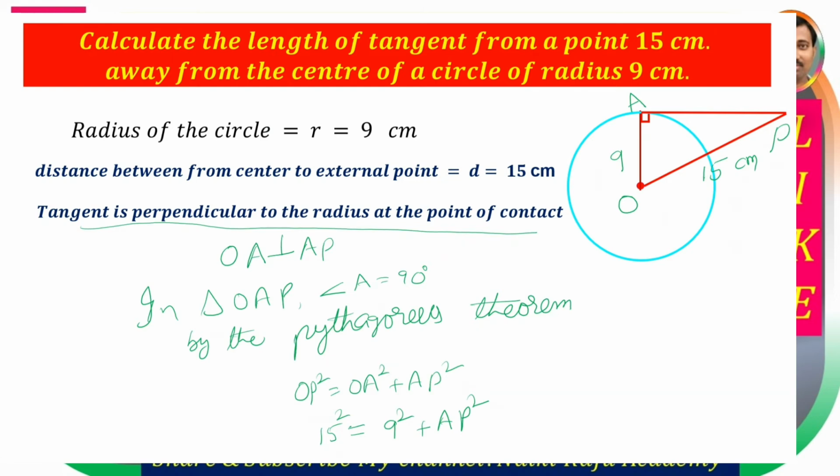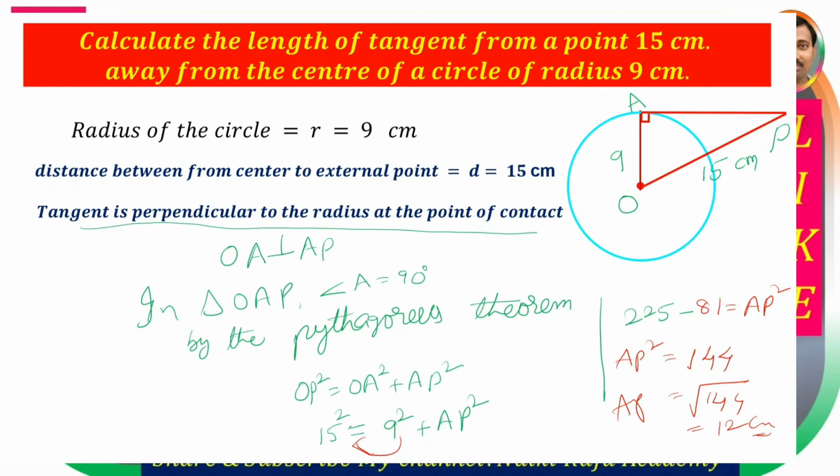So 15 square equals 225, minus 9 square equals 81, transposed to the left side, that is equal to AP square. So AP square equals 225 minus 81, that is 144. AP is equal to root of 144, that is 12 centimeters.